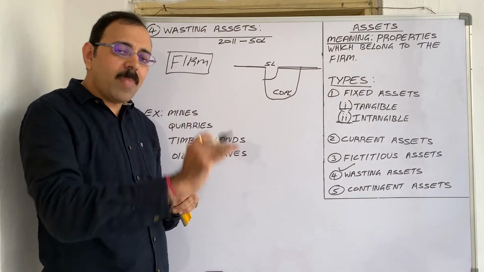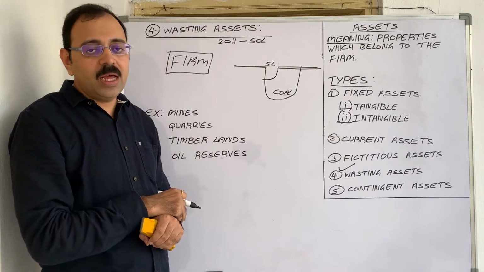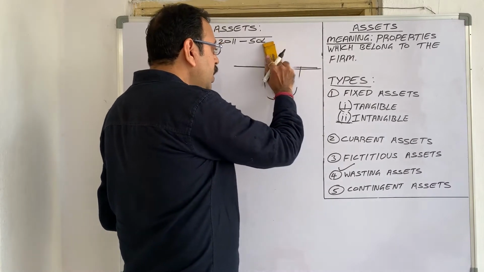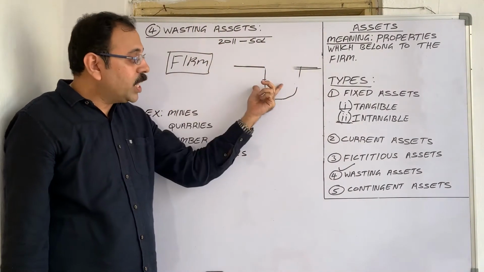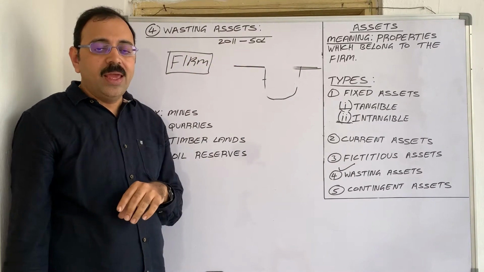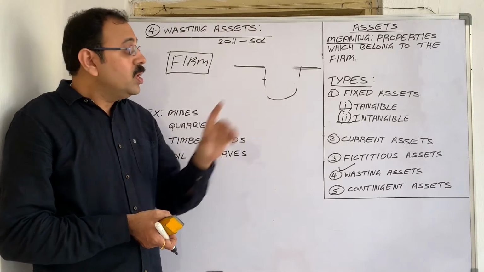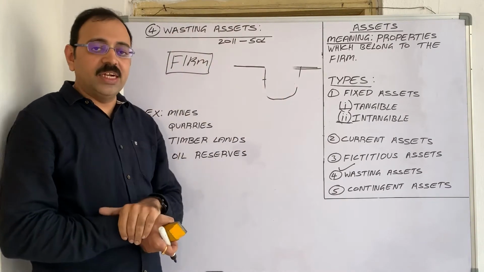If you dig that mine every year in this manner, then on a particular date the mine will become empty. The mine becomes depleted, exhausted. Exhausting means completing. So this coal mine comes under wasting asset.